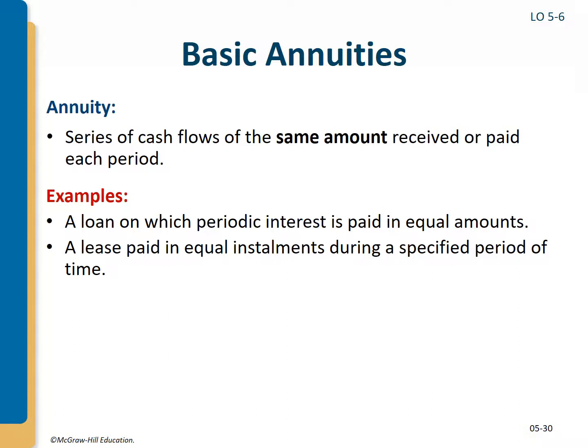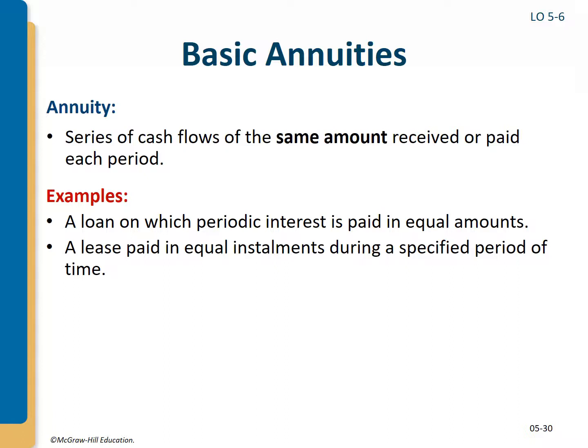So we're not saying it's a retirement plan. No, this is just a word, and that's all an annuity is. It's a word used to describe a series of cash flows of the same amount at the same period of time. Some examples. A loan on which periodic interest is paid in equal amounts.